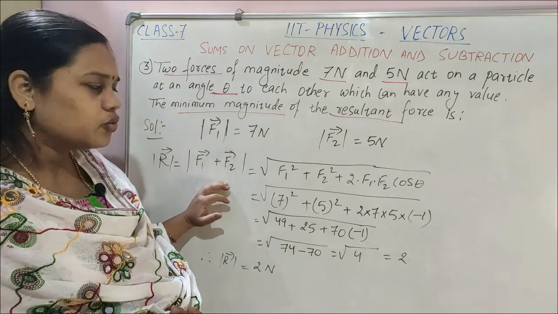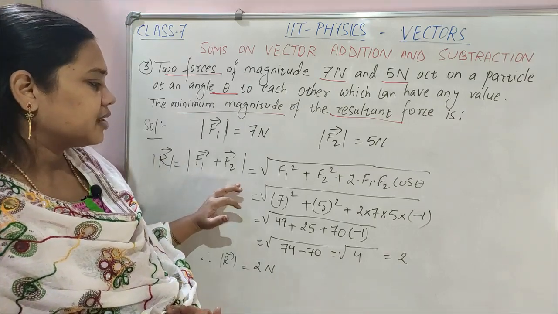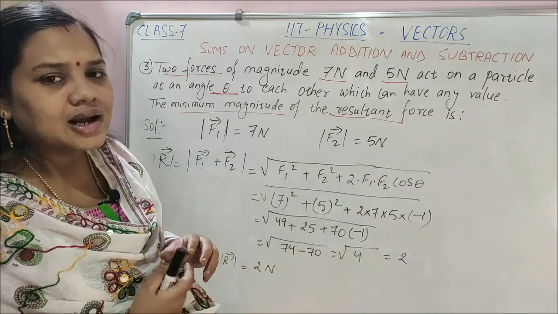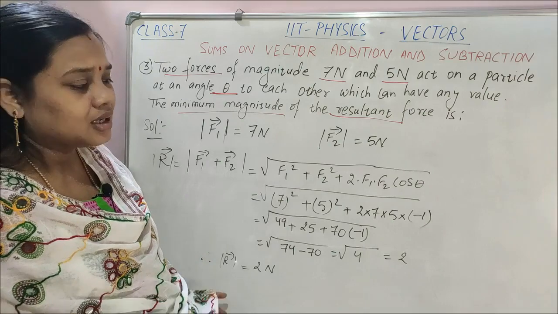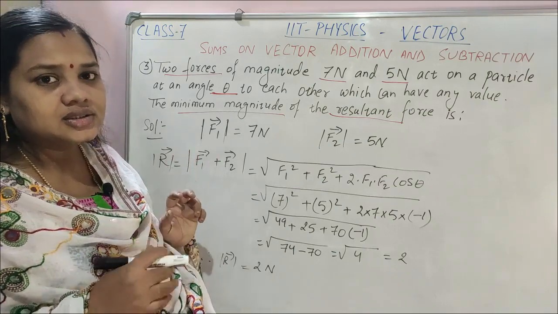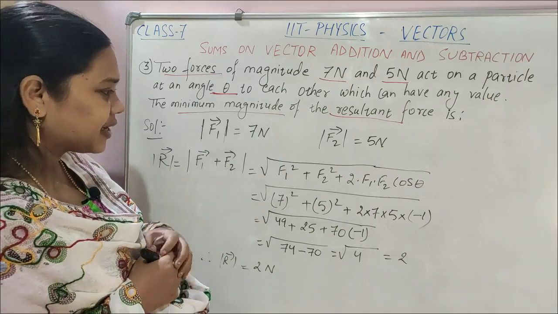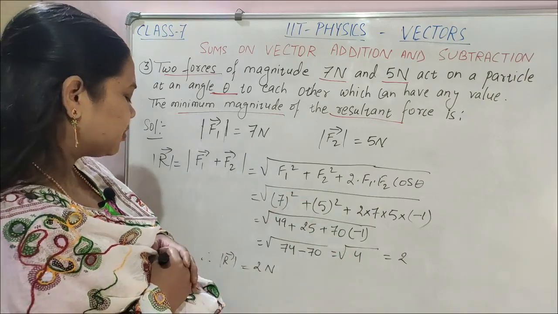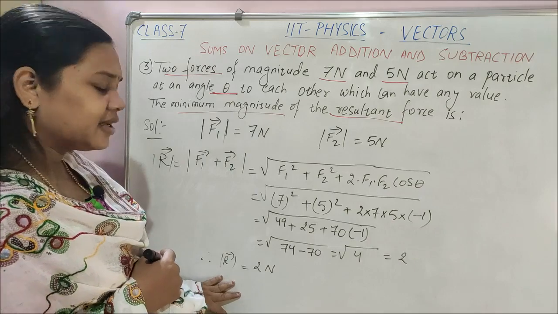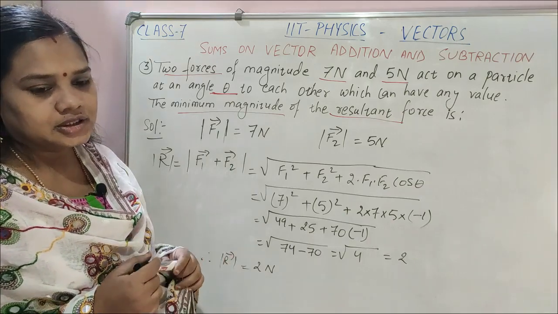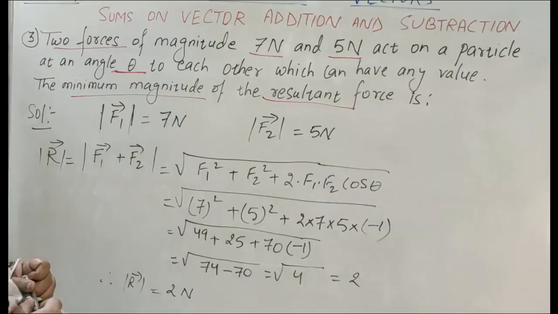Add the two forces using this formula, and take the minimum value of cos theta. The cos theta range starts from minus 1, so that's why we have taken cos theta as minus 1. So how much resultant vector magnitude did we get? 2 Newton. Clear, children? Write down this.